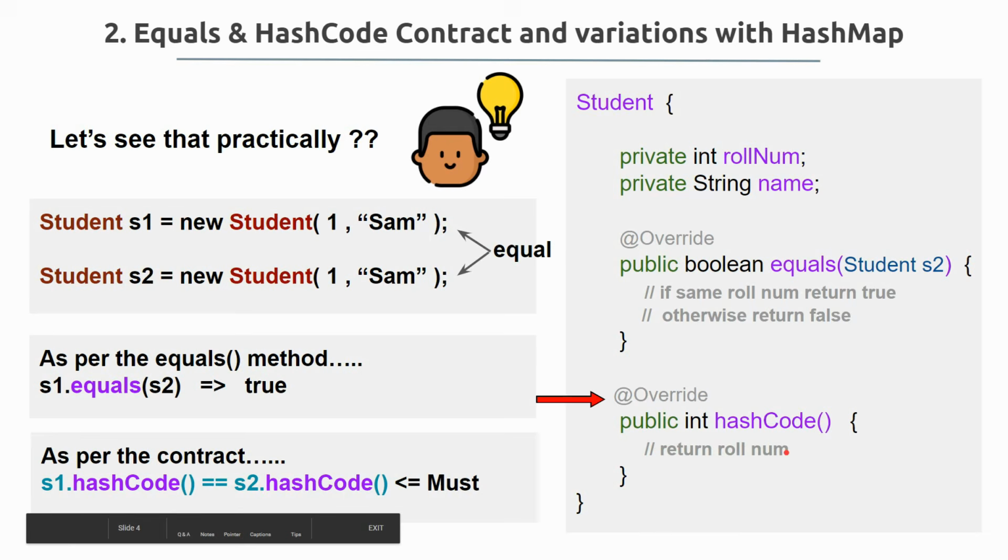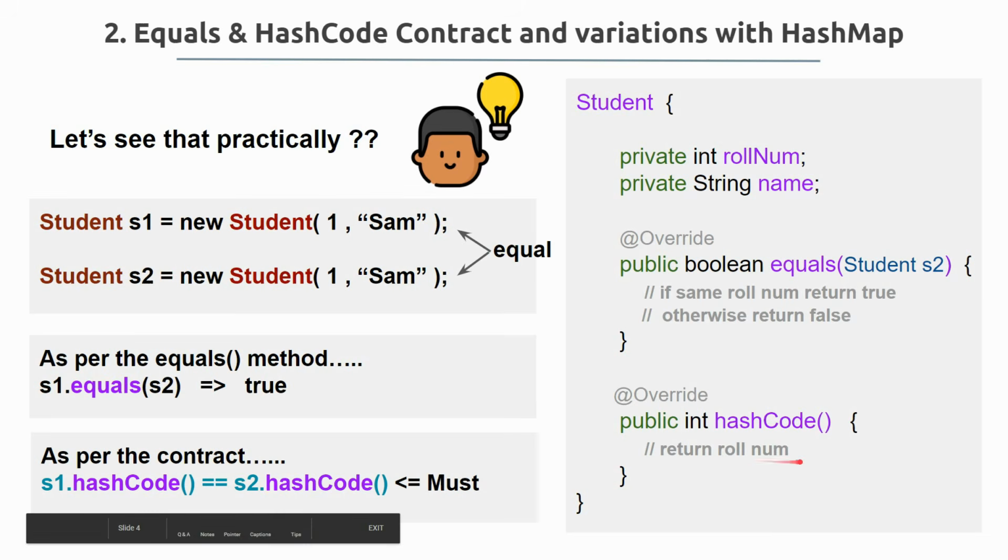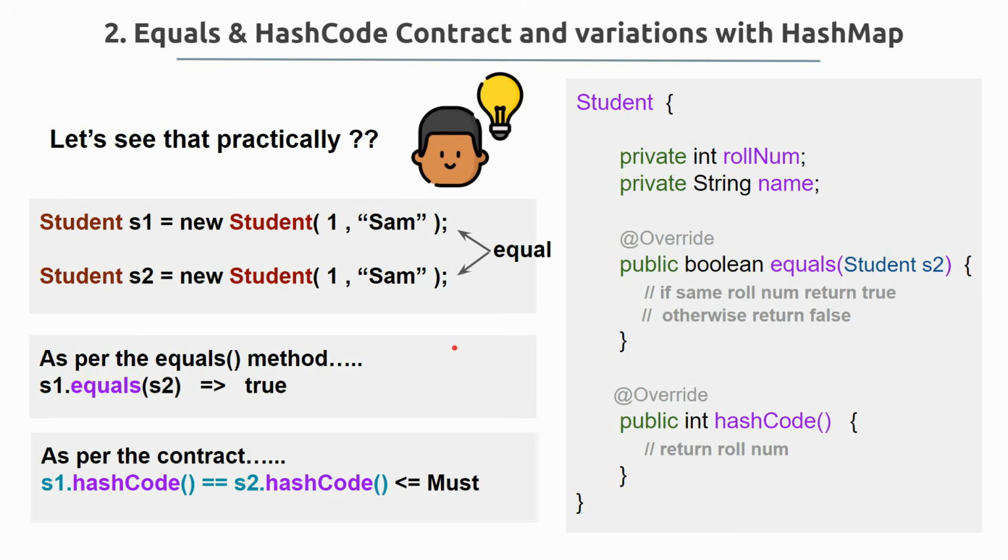We write our own implementation of the hashcode method, which will simply return the roll number. If two objects are equal, then they will have the same roll number as the hashcode. S1 and S2 are equal objects, so the hashcode value will be their roll number, 1 and 1. So our two objects S1 and S2 are equal and also return the same hashcode value. This is the example where we have followed the equals and hashcode contract.